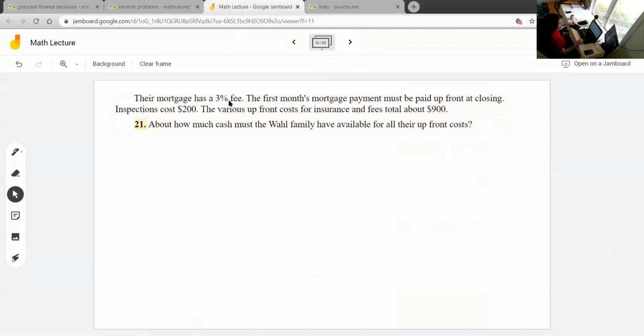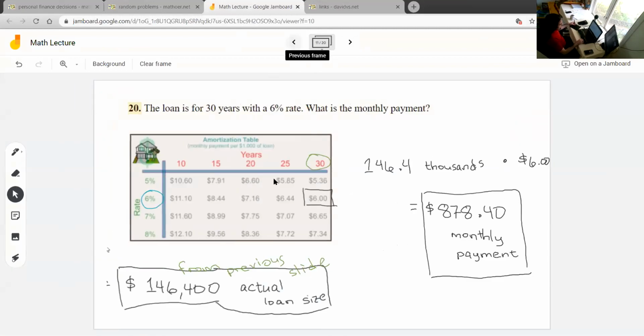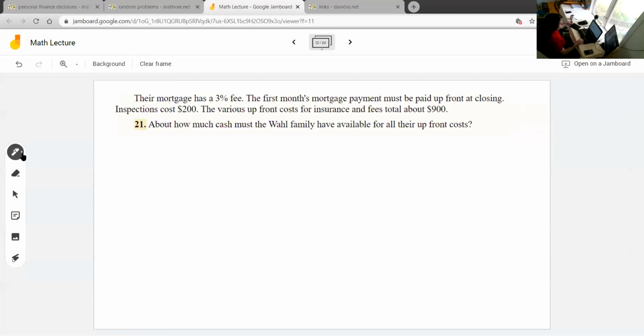So the mortgage has a 3% fee. The actual loan size was the 146,400. So let's deal with that first. $4,392.